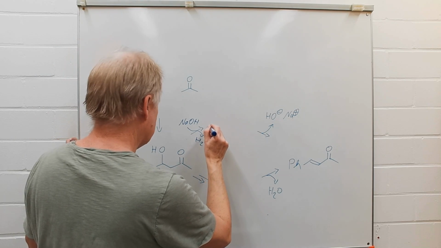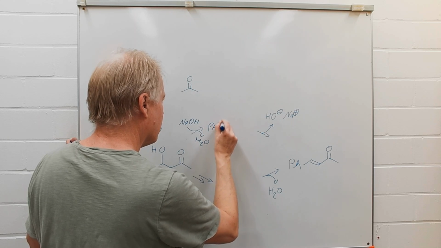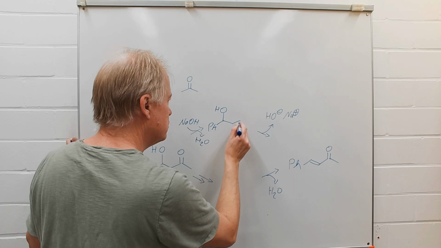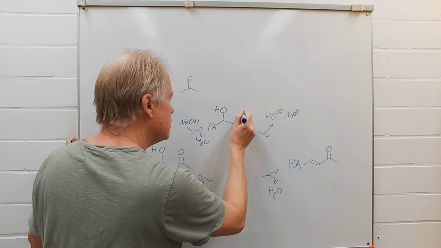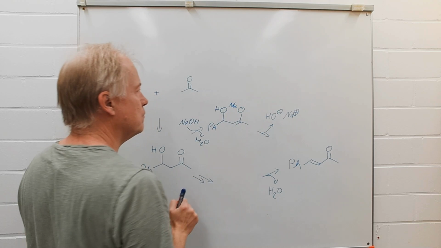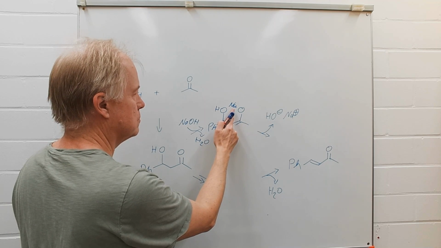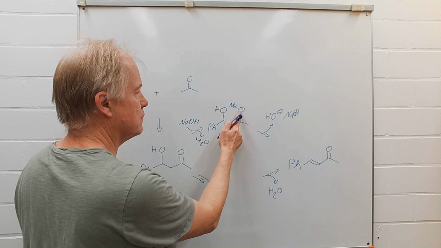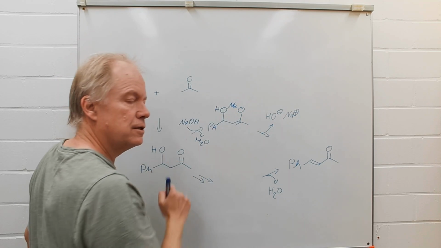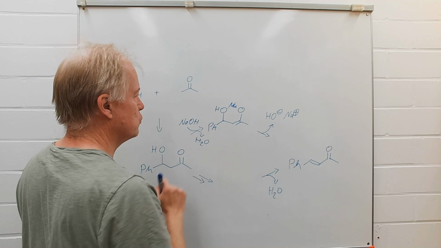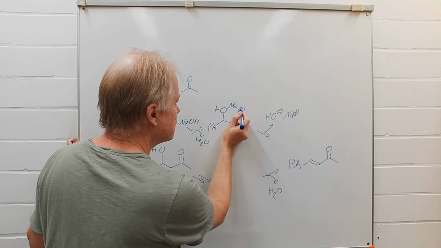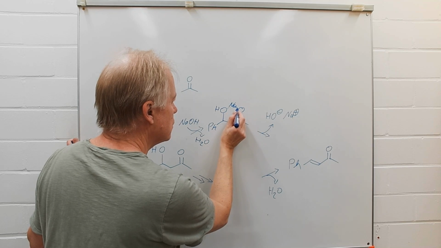So then we will have the OH group still here, and here an enolate with the sodium coordinated at this oxygen, but chelated between the two oxygens. And now imagine here we have the O-sodium bond.